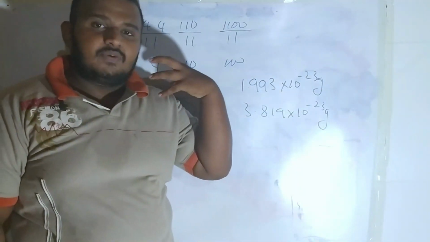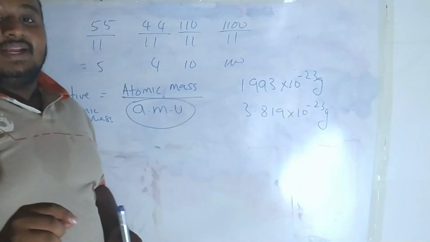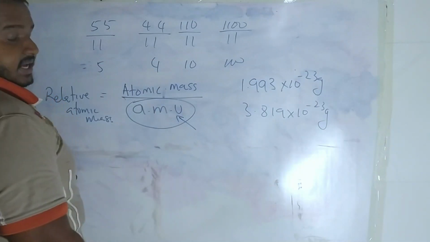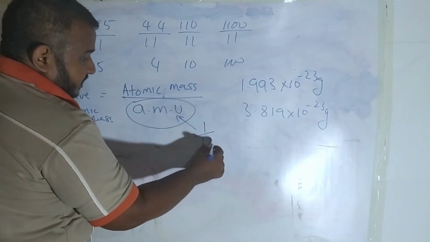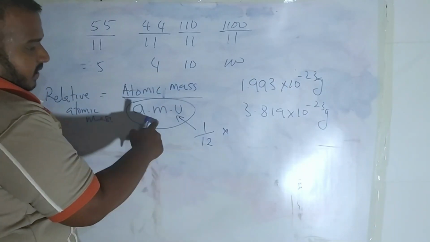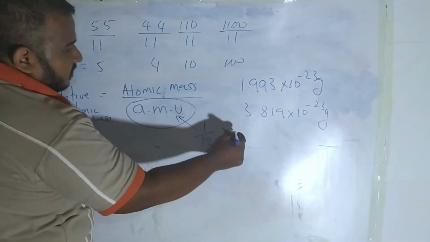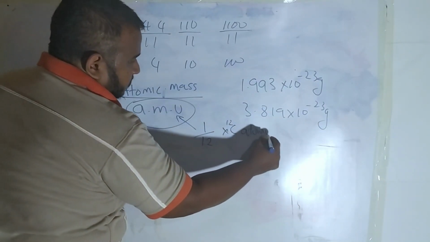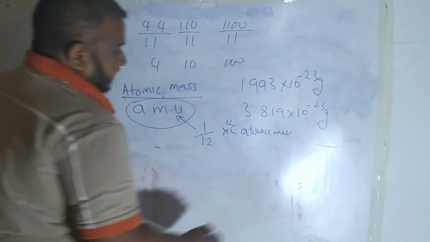So they went through several processes and identified the atomic mass unit as 1/12 mass of carbon 12 atomic mass. How did they obtain it?